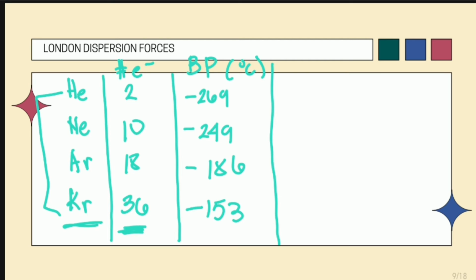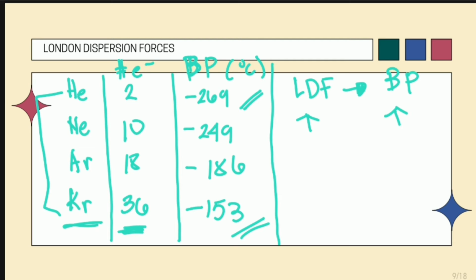Now, if you're going to look at the boiling point, if we are going to relate the London dispersion force of an atom to the boiling point, it is also directly proportional to it. If the LDF is greater, the boiling point also is greater. So, negative 153 as its value of boiling point for krypton is greater than the negative 269 boiling point of helium.